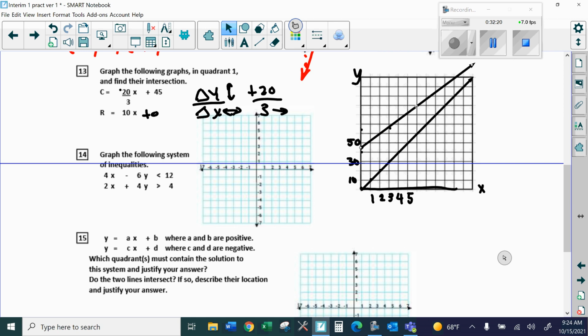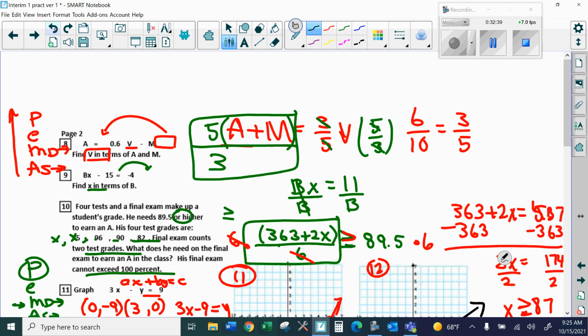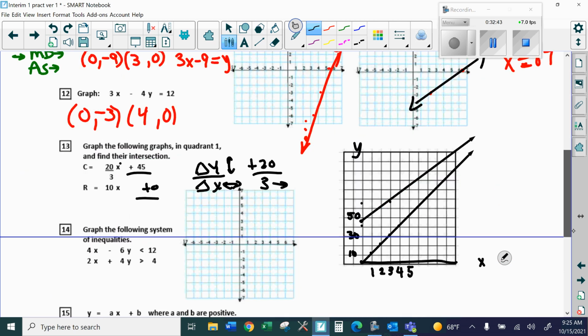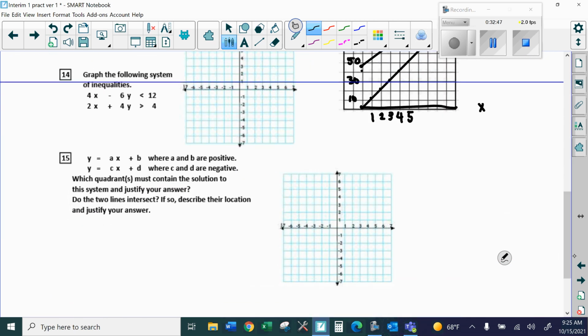Okay, they'll actually have the graphs there for you. It's multiple choice, so you're just picking these ones that have the y-intercept of 0, as it shows there, and y-intercept of 45, and these slopes. And they'll cross, they'll intersect, okay, and you're going to pick that point. Okay, so that's how that goes right there.